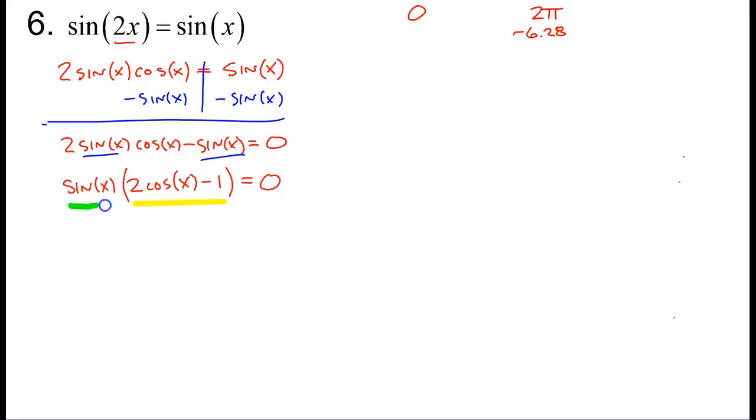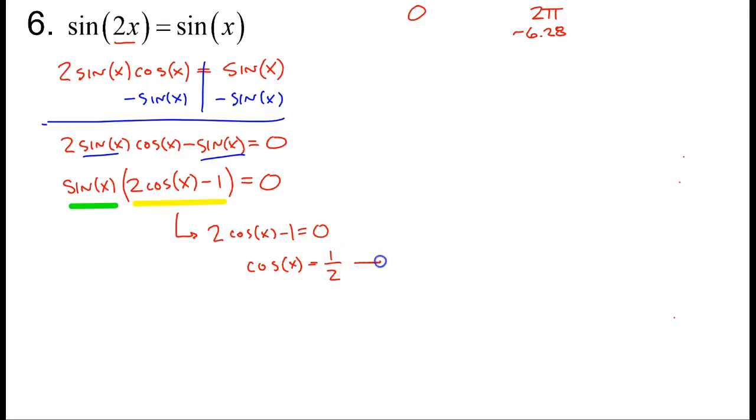If this factor is 0, we have another solution. Let's go ahead and take a look first at this factor right here. So if I have 2 cosine of x minus 1 equals 0, I can solve for cosine of x. If I add 1 to both sides and divide by 2, I have cosine of x equals 1/2.